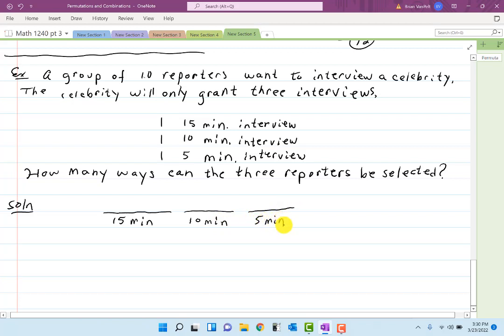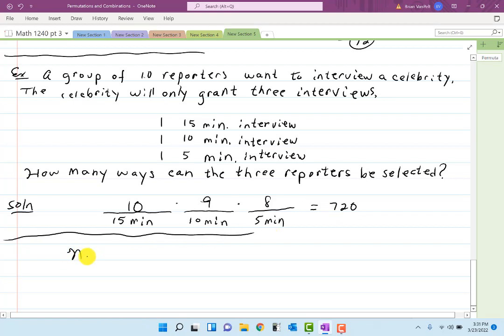Now for this, the 15-minute interview can be given to any one of the 10 reporters, so let me put that there. Now the 10-minute interview will be given to any of the 9 remaining reporters. So we'd pick one of the 9. I have 9 choices for that. And then after those 2 reporters are settled, then the last reporter can be chosen from a group of 8 people. So you get a total of 720 here.